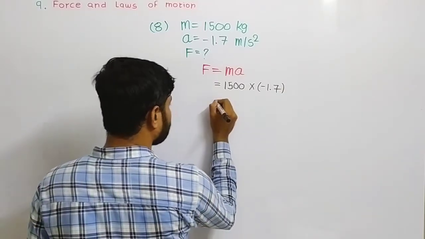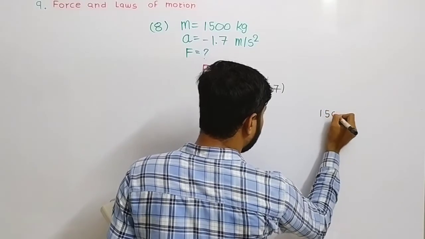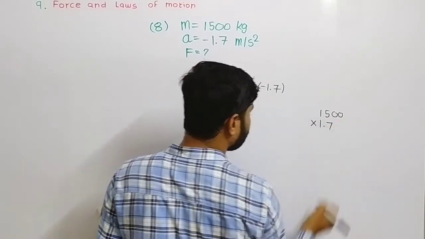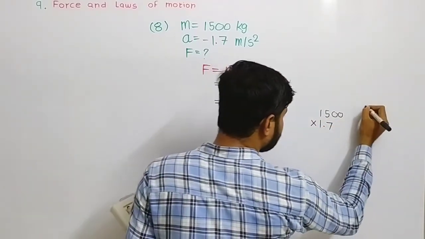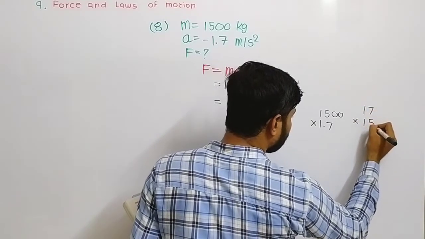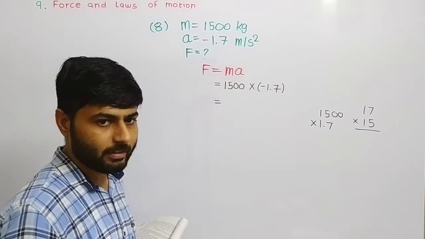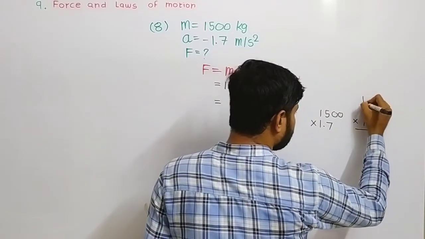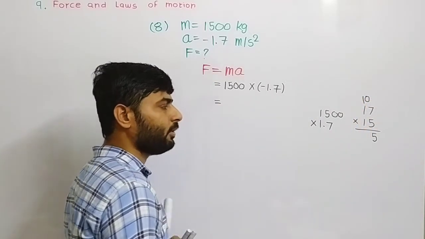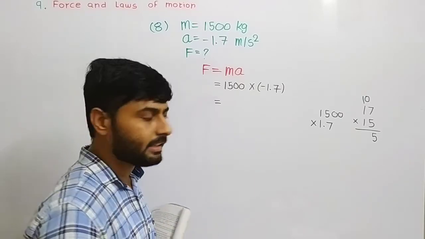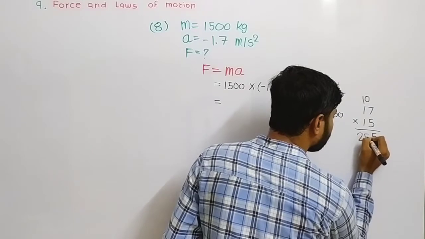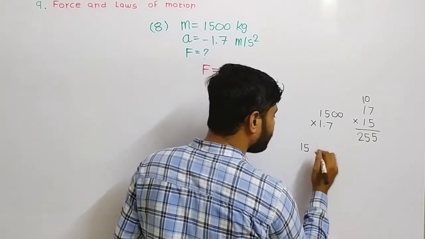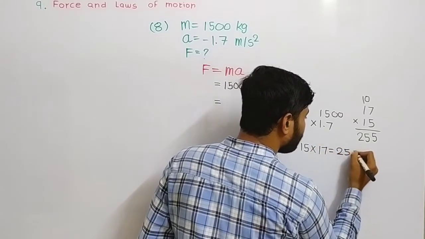So by multiplying 1500 with 1.7, what will I do? 17 into 15: 15 into 7 is 105, so I write 5 and carry 10. 15 into 1 is 15, plus 10 is 25. So 15 into 17 is equal to 255.